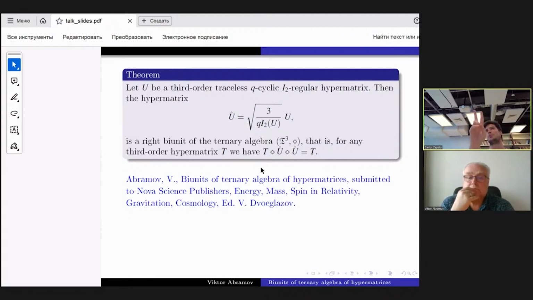For example, if you have a biunit pair, so AB satisfy the equation ABX equals X for all X, it turns out that BA is also a biunit pair. And if there exists a B for a given A for which AB is a biunit pair, then B is unique. There are all these nice results about biunit pairs that generalize the notion of biunit element, which is just plugged in twice.